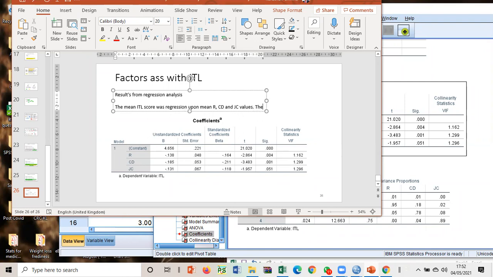The results are shown in, let's say, table X, table Z. Okay, that's my table Z.